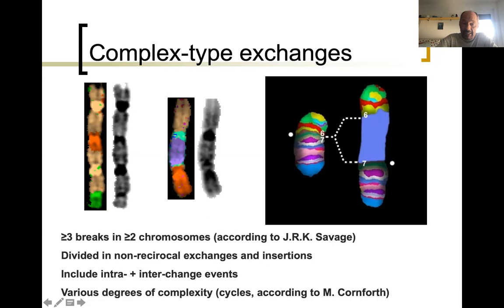As well as this one, this quadricentric, this monster chromosome, if you think about it, this one can only come from 4 breaks in 4 chromosomes, so it's a complex exchange. And this one, which is a dicentric plus an insertion, you see that if you use Giemsa staining, you would just classify this one as a dicentric, but it's much more complex. It's a dicentric plus an insertion.